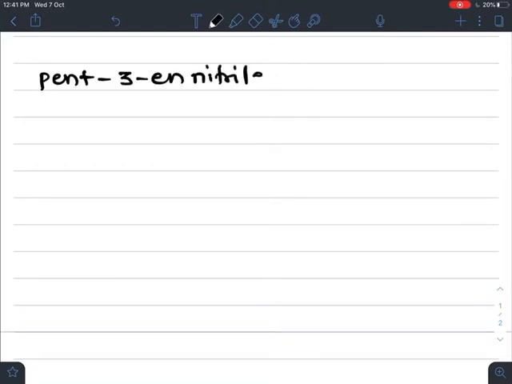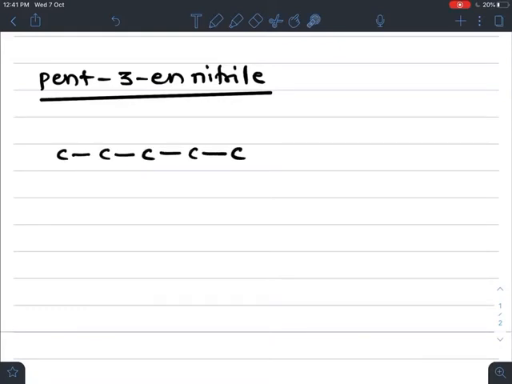If we know the name of the compound, how do we write its formula? Pent means 5 carbon containing straight chain. In this straight chain, 2 functional groups are present. At position 3, ene means a double bond is present, and at carbon number 1, the CN group is present.